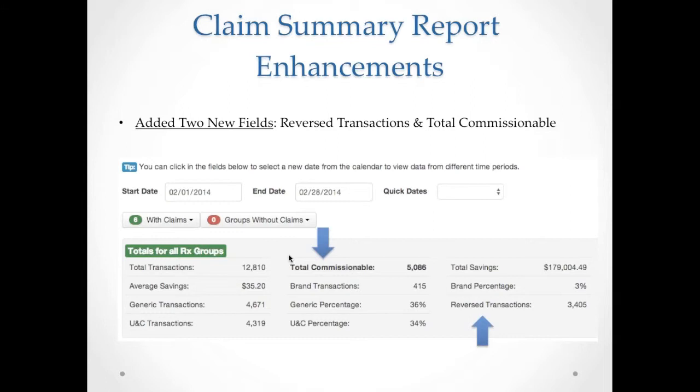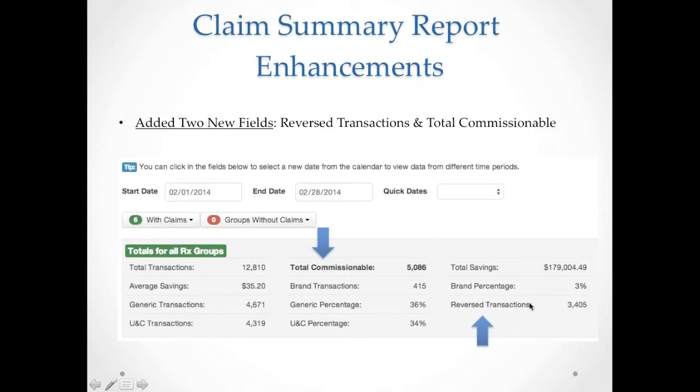Generic transactions totaled 4,671. There were 4,319 UNC transactions, 415 brand transactions, and 36% was the generic percentage.